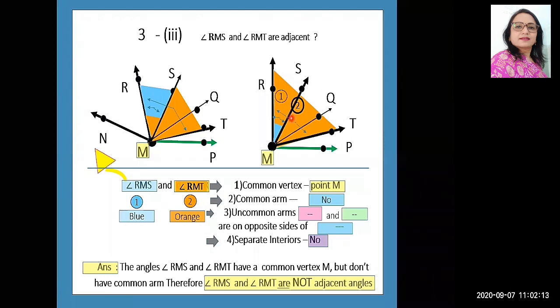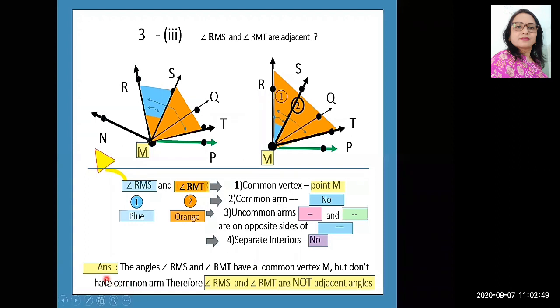So these two angles are also not adjacent angles, because the interior of the first angle is this blue color, but the second angle's interior is from this to this also. So their common vertex is point M, but the other conditions are not fulfilled. So we cannot say that these angles are adjacent angles.